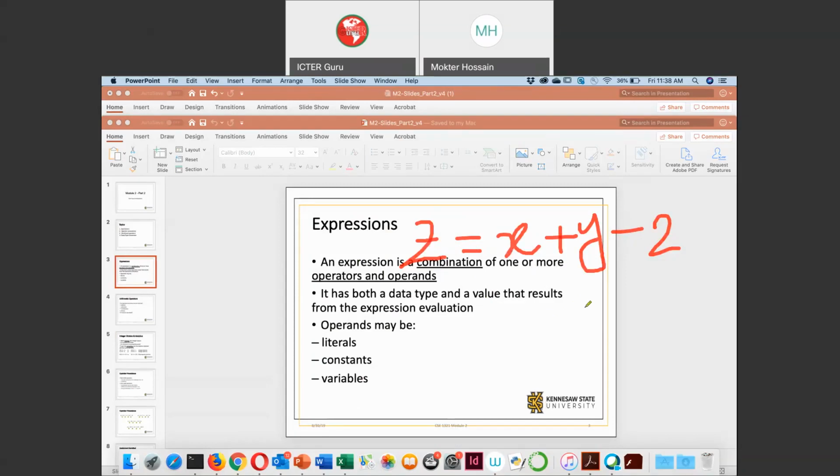But if I say G equal to X plus Y minus, this is not a valid expression, right? Here we know that this minus sign needs another operand on its right-hand side. So we must have something here.